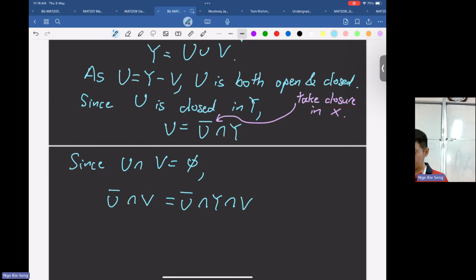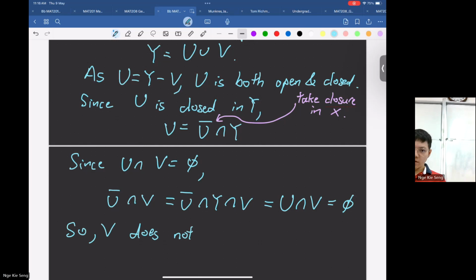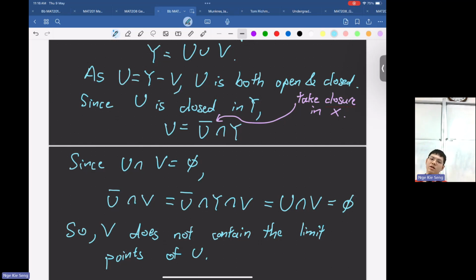Okay, and then what do we know? We know that U bar intersect Y is U, so you get U intersect V, and then this one is by definition empty. So V does not contain any point in U, in particular the limit points of U, right? Because we proved that the closure of U is all the points of U and the limit points of U. Yes.